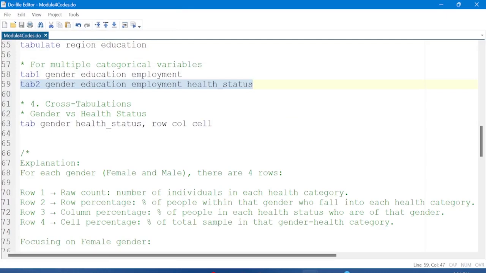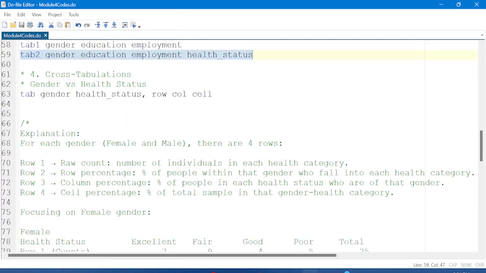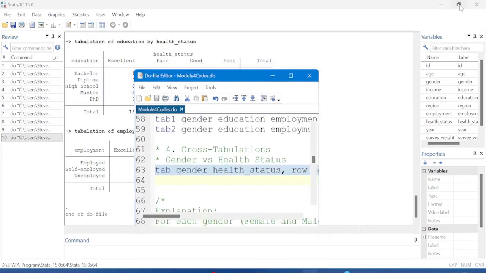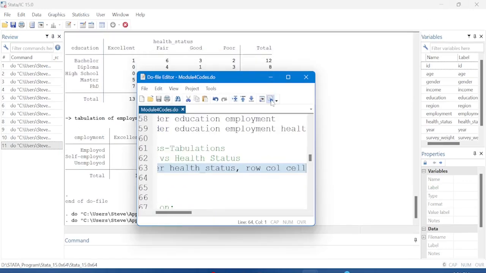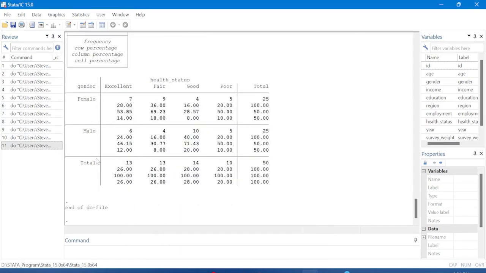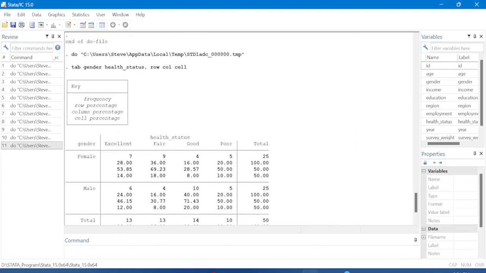Now we want to do a cross-tabulation, guys, and it will be cross-tabulation based on gender and health status. And we need also row, column, and cell percentages. So using this command, let us check what will happen.